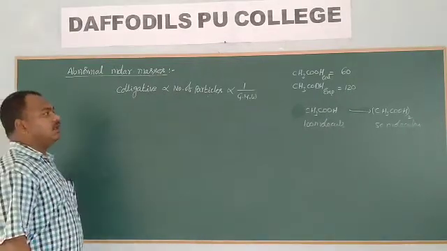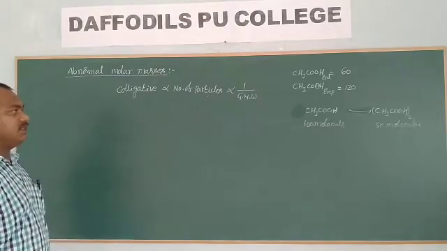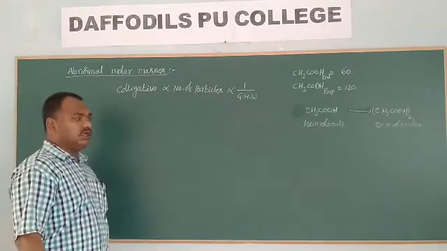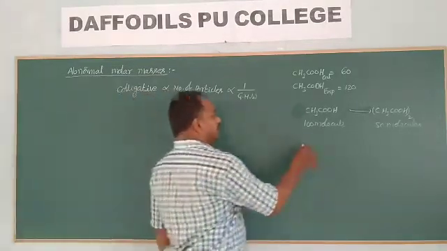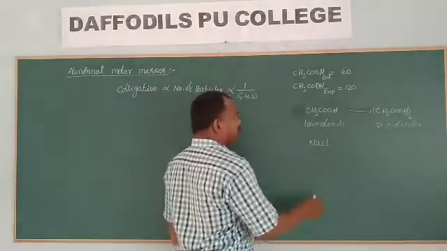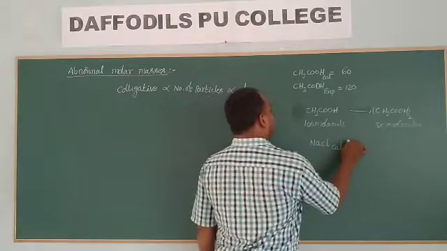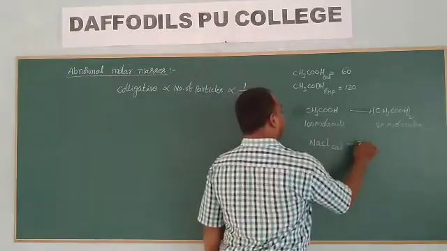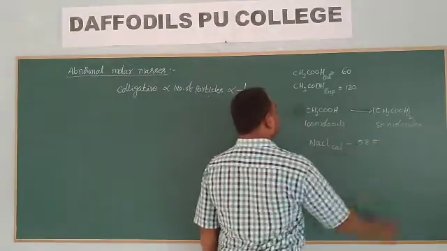A similar thing also happens when molecular dissociation takes place. Take the example of sodium chloride. What is the calculated molecular mass of sodium chloride? It is 58.5.